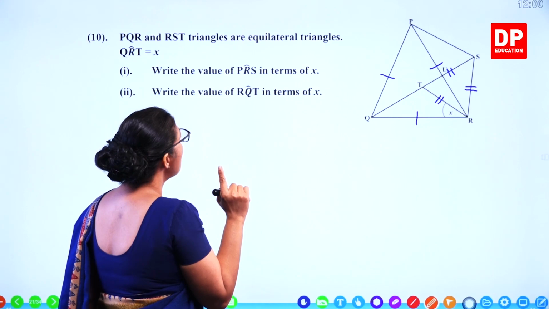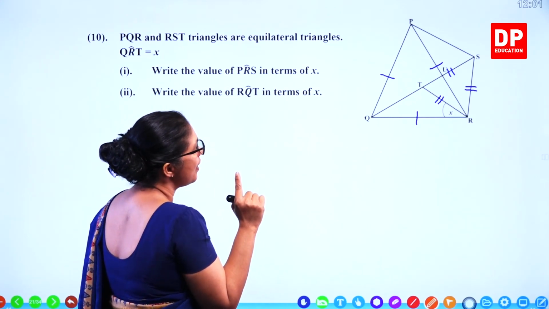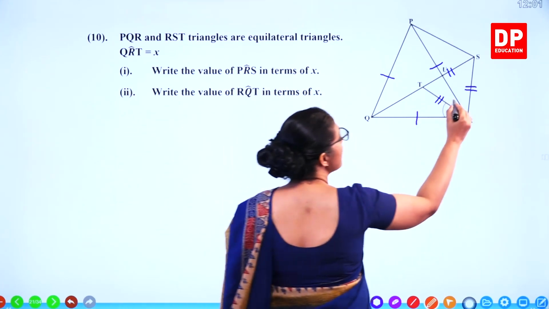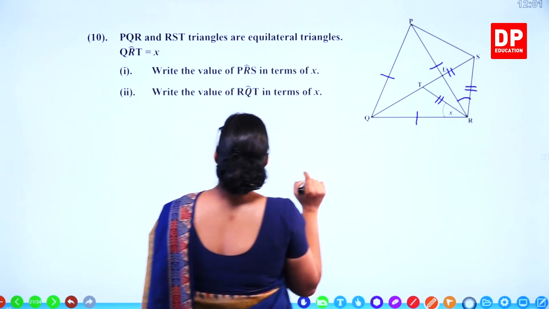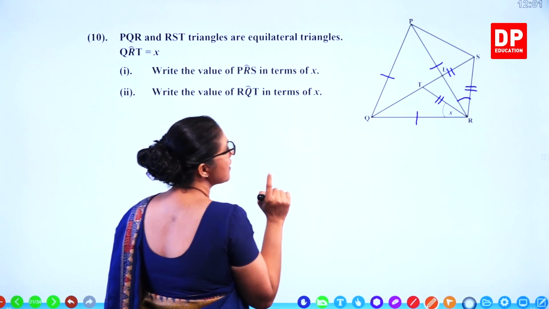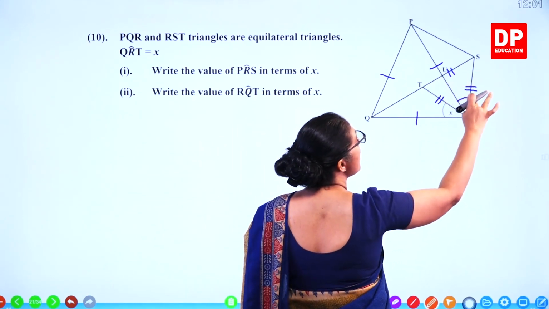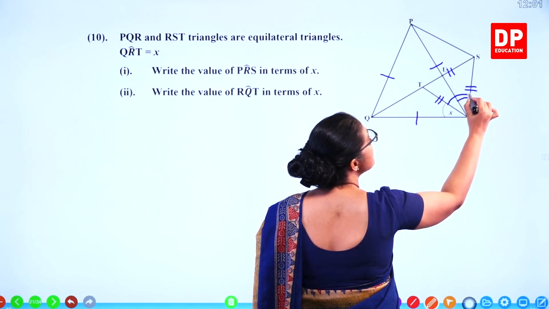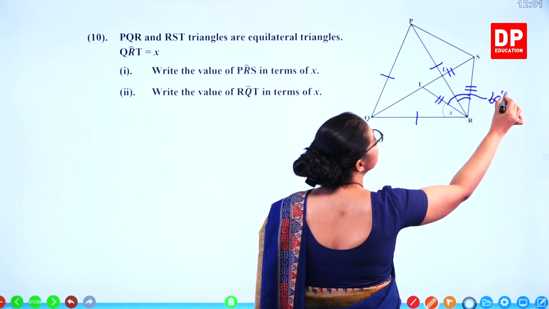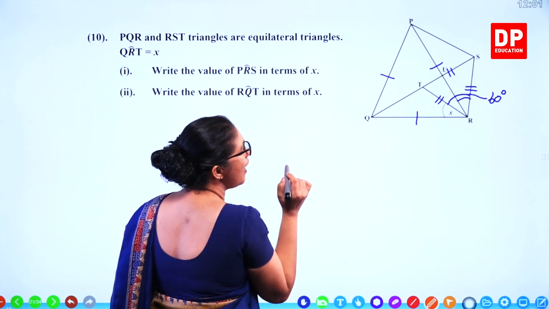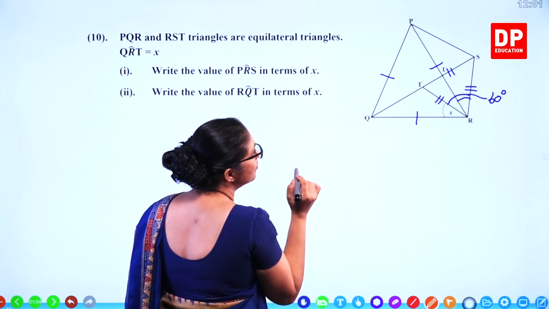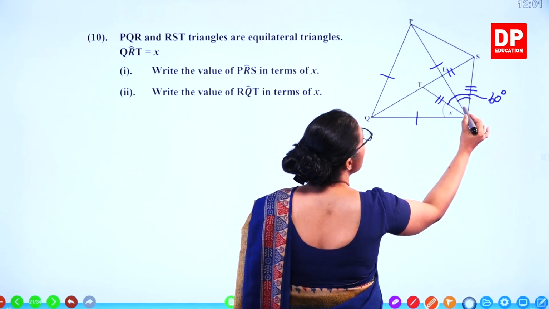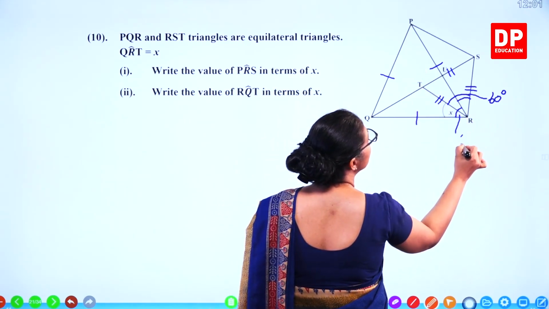Write the value of PRS. PRS, this angle, in terms of x. So this is an equilateral triangle. So this angle is 60 degrees. And also, when you take PQR triangle, this angle also 60 degrees.